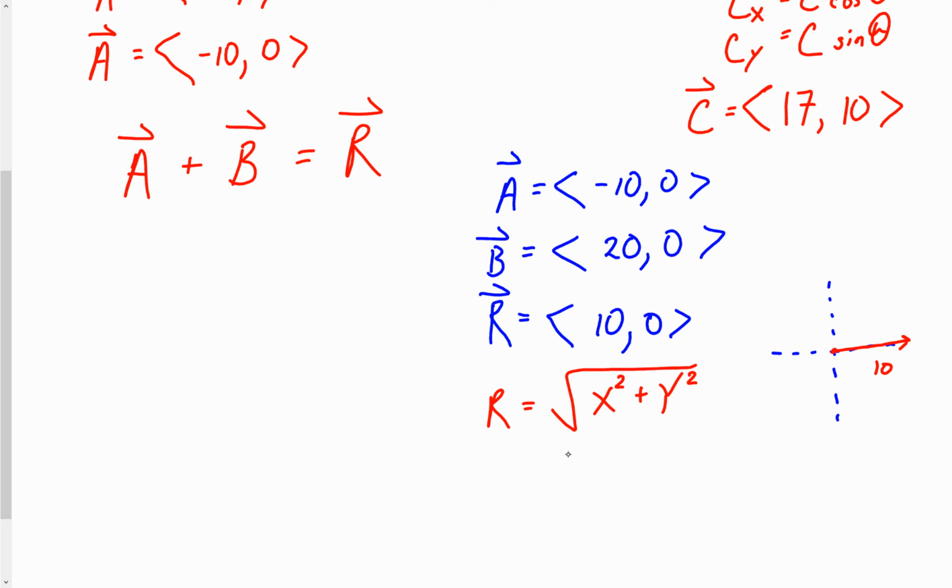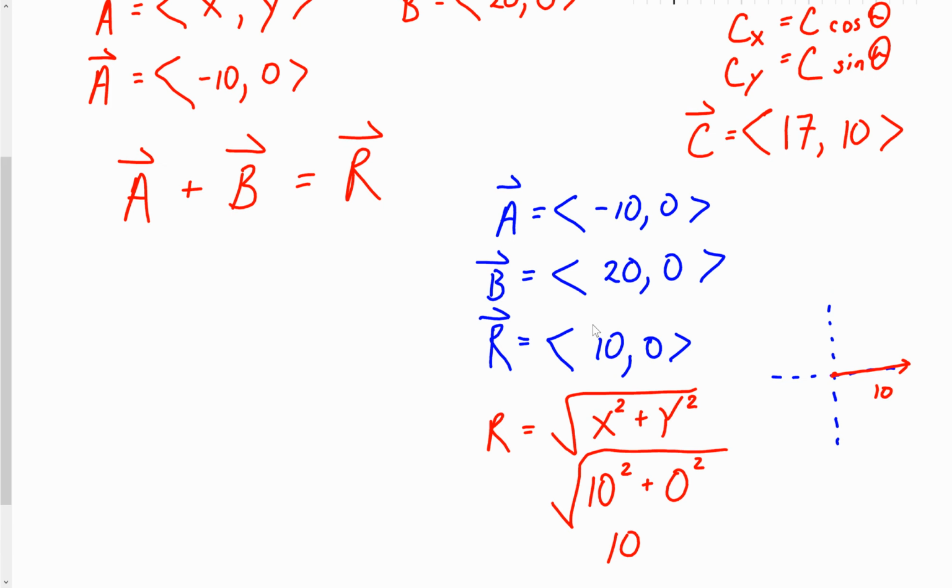You're right, because my x is 10, my y is 0, which means I'm right back to 10. There was really no reason to do a Pythagorean theorem on this one. And we could find an angle, but there's no sense doing an angle on this one either because it's just a horizontal line.